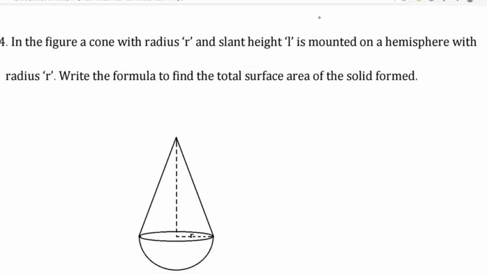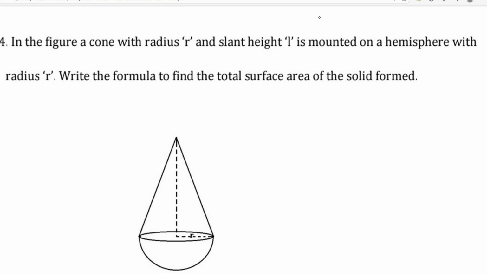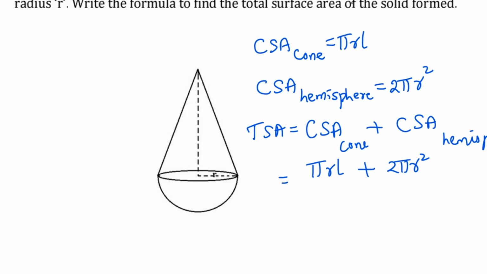A given cone with radius r and slant height L is mounted on a hemisphere with radius r. Write the formula to find the total surface area. Curved surface area of a cone is pi r L and curved surface area of a hemisphere is 2 pi r square. Now total surface area we will find by using curved surface area of a cone plus curved surface area of a hemisphere.